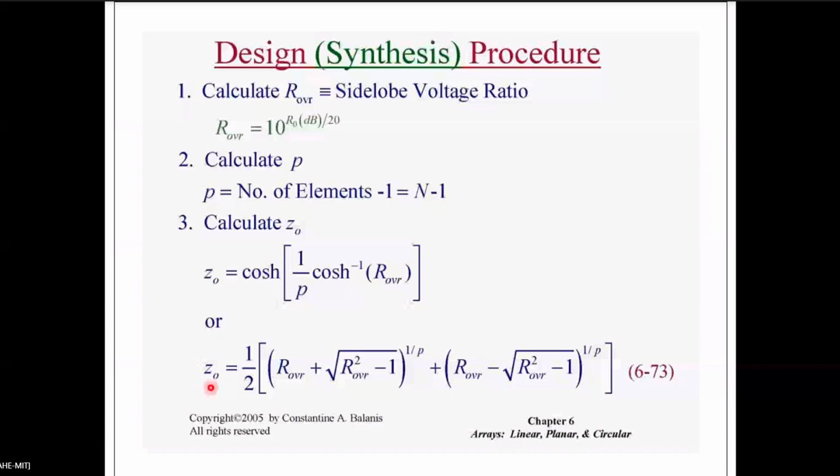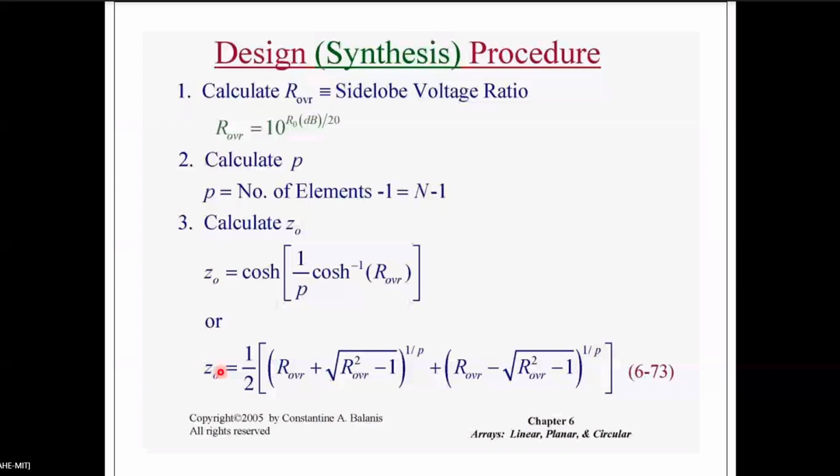Unfortunately we are not understanding much from this, because these are empirical formulas, and we are not going to study them. So you have to find out Z0, and Z0 is given by this. This is voltage ratio, R0 voltage ratio, not the dB value. So you find Z0. Is it understood? These three steps.